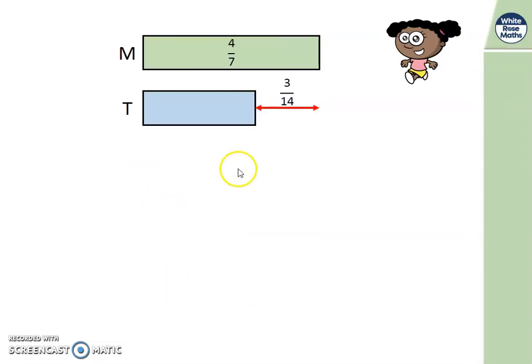Let's have a look at that together. So here we can see that bar model drawn out. You can see, first of all, I'm going to have to do that 4/7 and take this chunk away to find out what's left. Let's see what that looks like. 4/7 subtract 3/14.